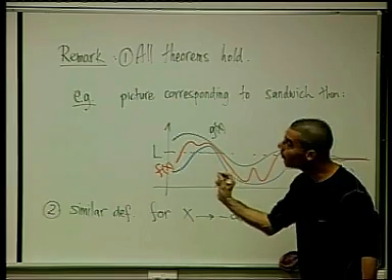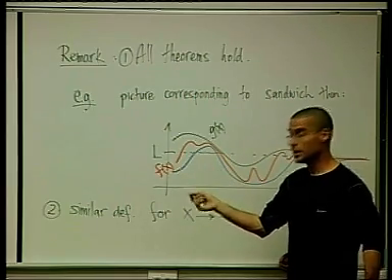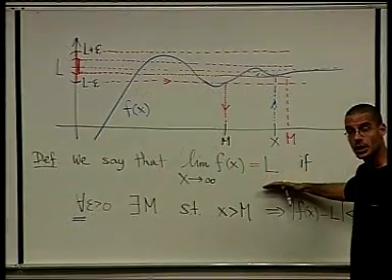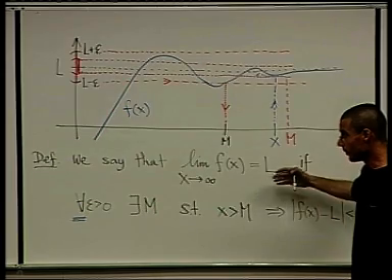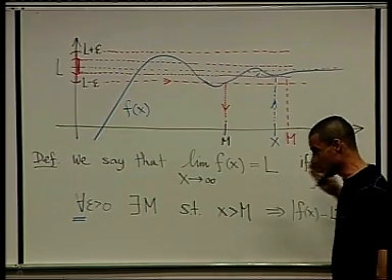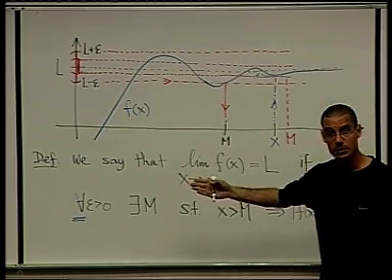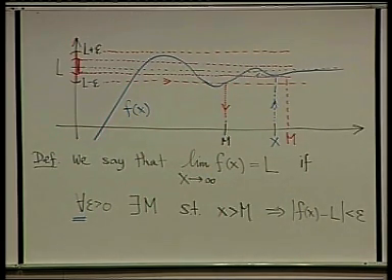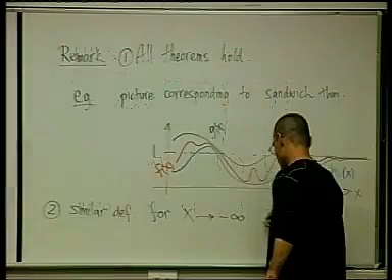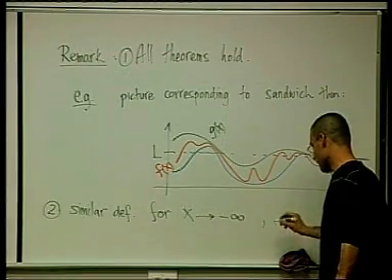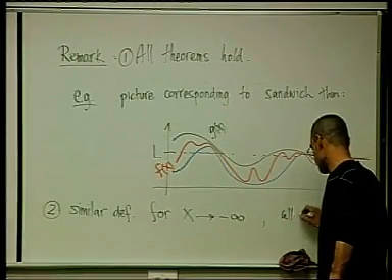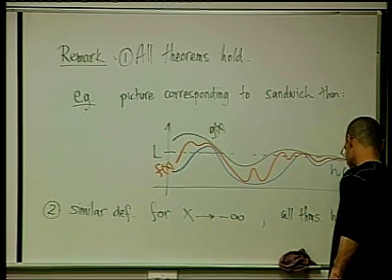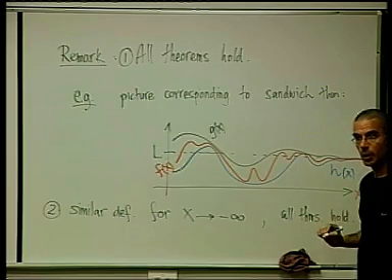Think how you would modify this definition in order to say x goes to minus infinity. It's good practice. And again, so similar definition for x going to minus infinity, all theorems hold. Okay?